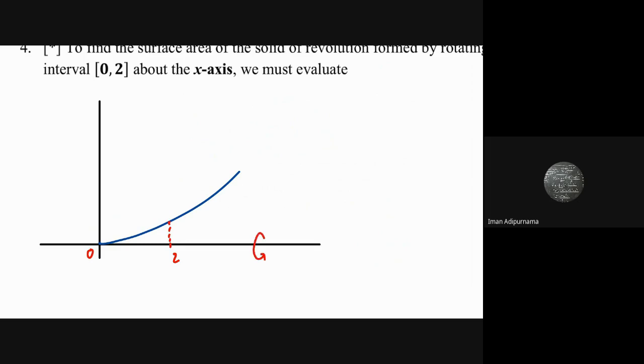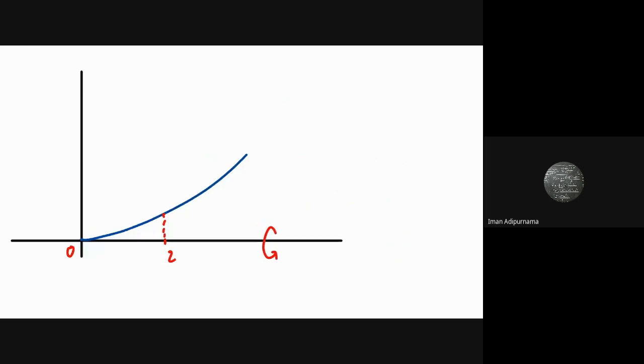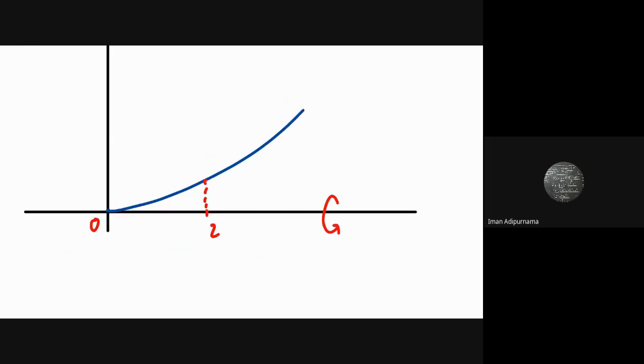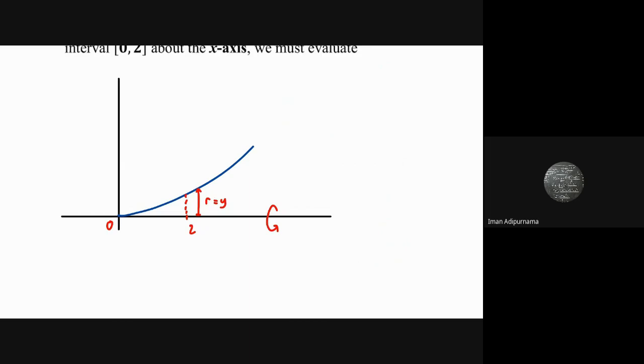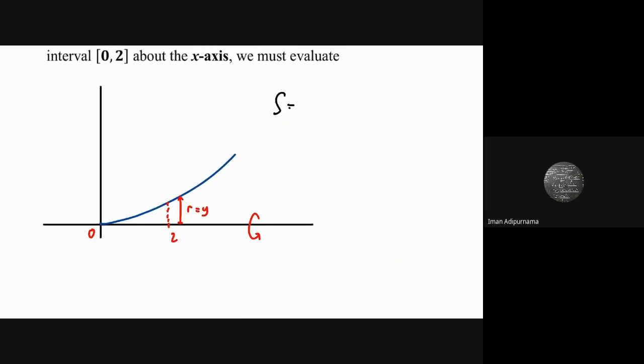The important thing on the surface area is first we need to identify the radius of the solid. The radius is here, which means we can use this is y. So the formula is 2 pi y ds, this is the arc length.